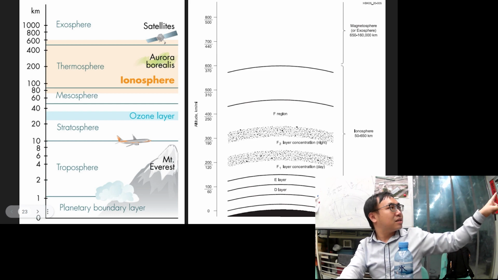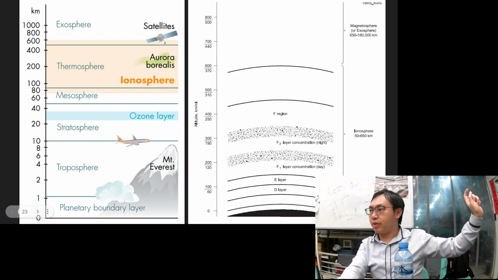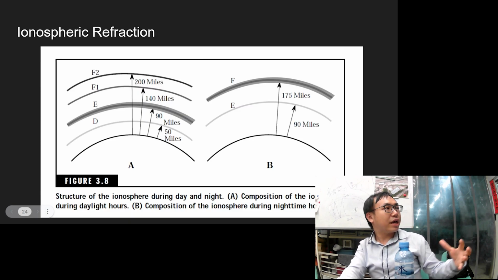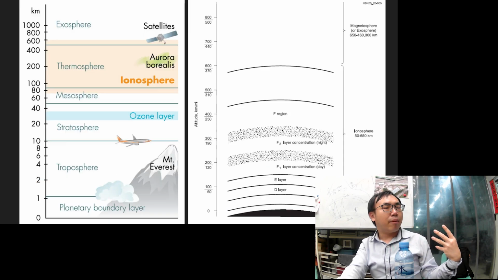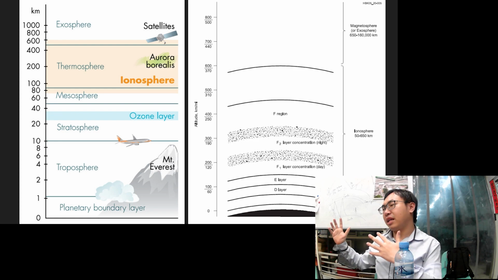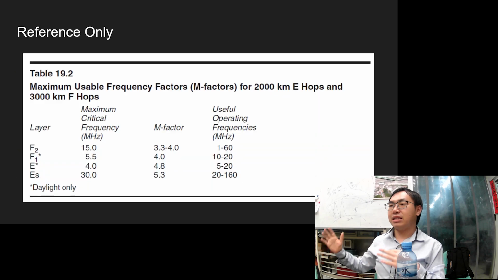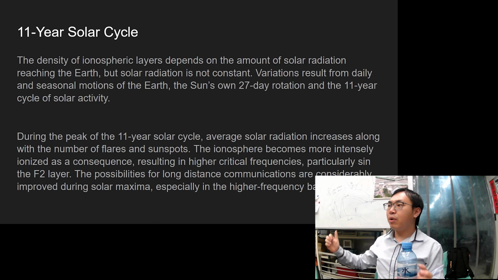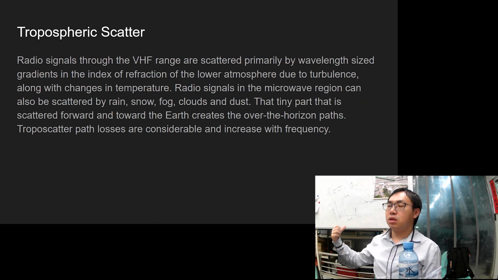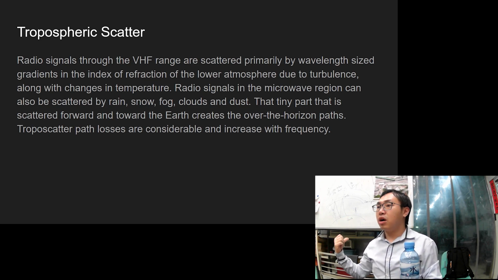When the radio wave shines on it, it will scatter, just as when light shines on small objects it will scatter. That helps with tropospheric scattering.